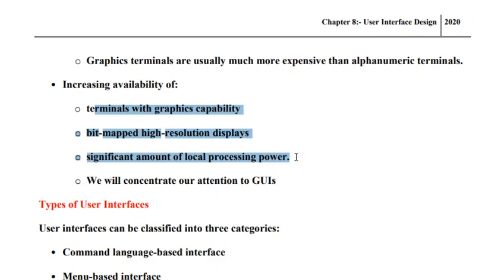This has led to the evolution of software systems with a GUI-based interface, or graphical user interface. With the continuous advancement in the technological domain, that is, the advancement in hardware, our focus is now more on development of software systems that have a graphical user interface rather than a text-based interface.